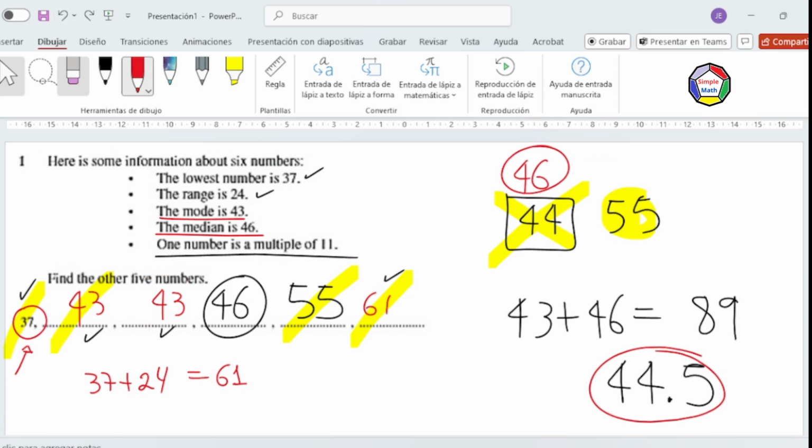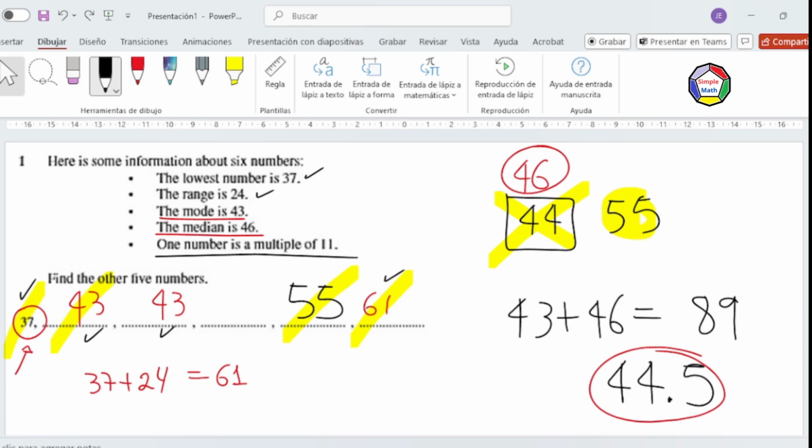Let's see what is the trick I'm going to apply here. 46 is not the number that goes here. But I know that 43 plus another number that I don't know divided by 2, yes, the answer is 46. Okay, so I will discover that number.